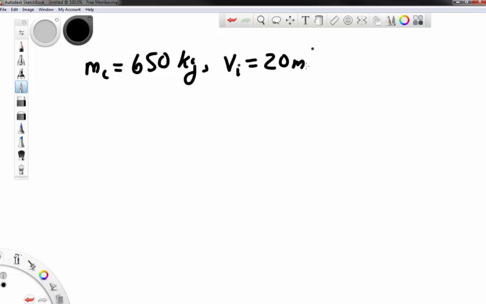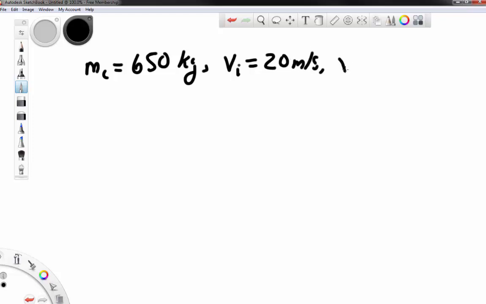Okay, so the car had a mass of 650 kilograms. So let's put m car equals 650 kilograms. It had an initial speed of 20 meters per second.